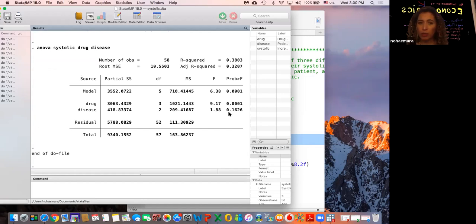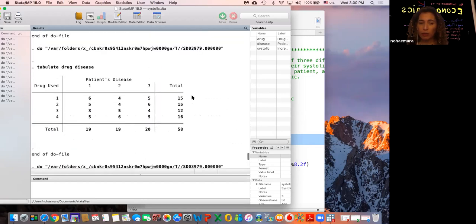The null is telling me that if you move over the groups and you have group 1, group 2, group 3, so disease 1, disease 2, disease 3, there is no statistical variation in the mean of systolic blood pressure, whether the patient has disease 1, disease 2, or disease 3.